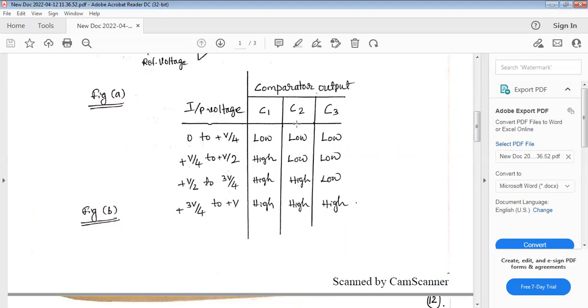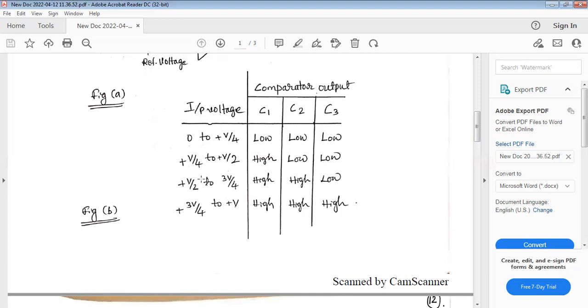and the C2 and C3 comparators will be at a low position, because the reference voltage for C2 is plus V by 2. That means only when the input voltage exceeds plus V by 2, then C2 works.